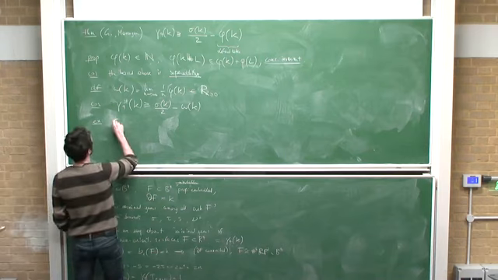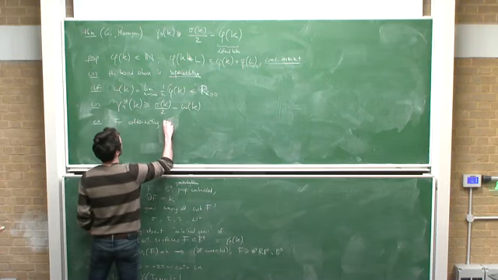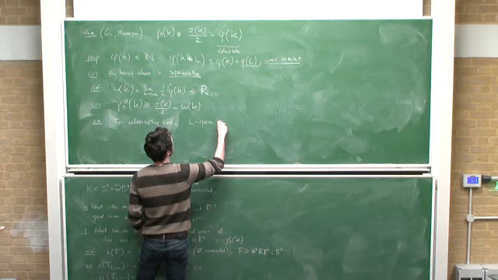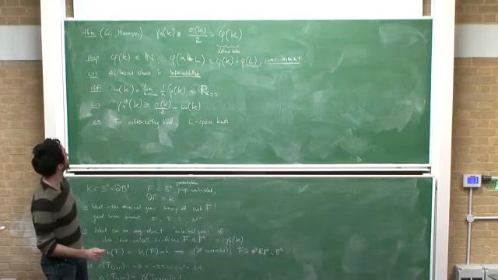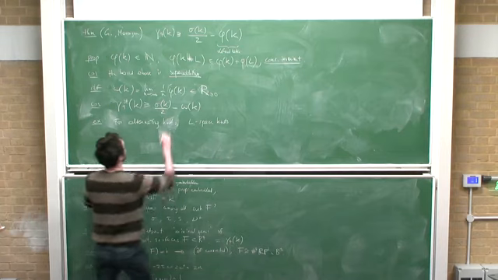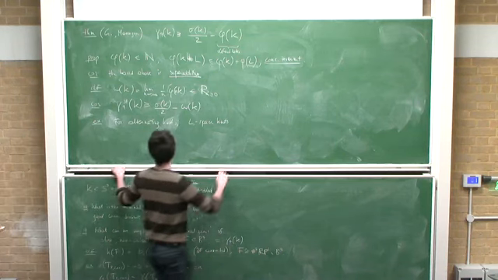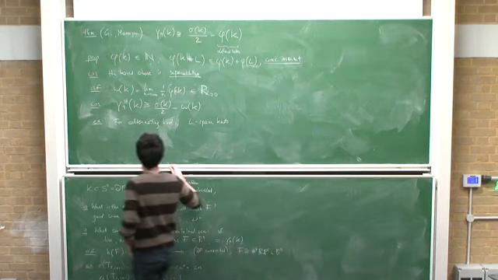So for alternating knots and L space knots. Right, for L space knots and alternating knots, this is boring.